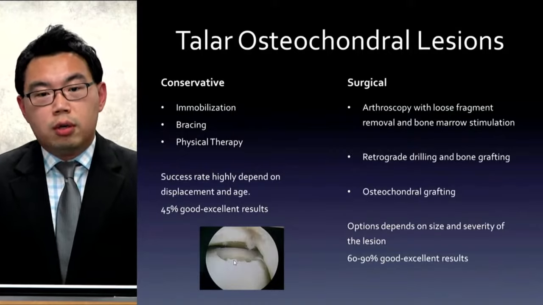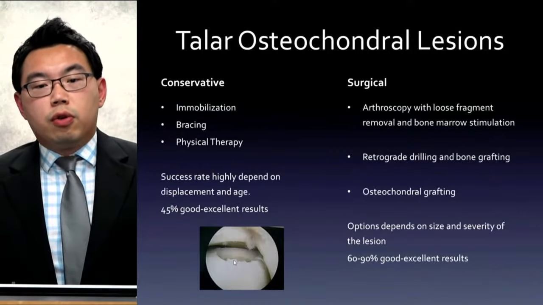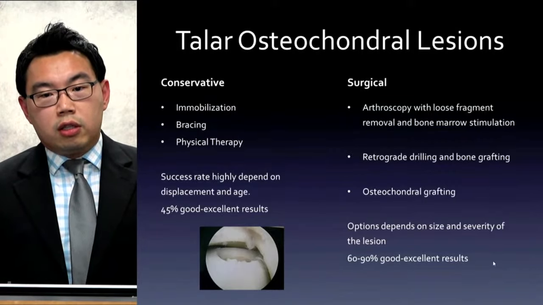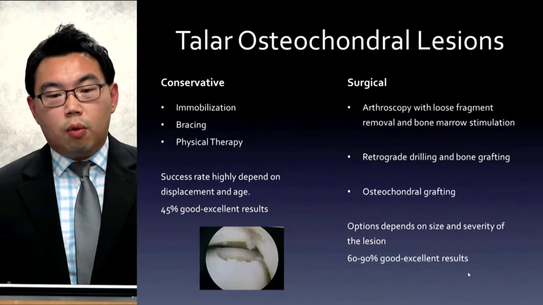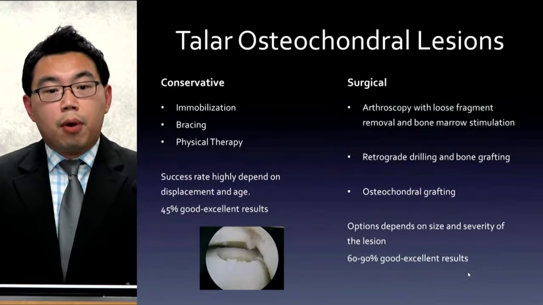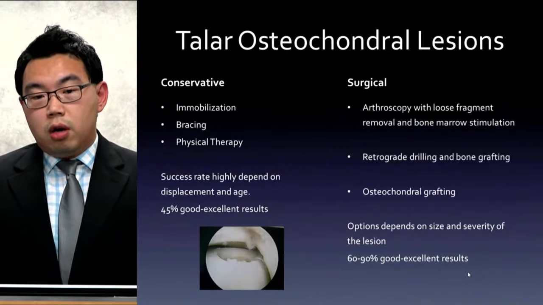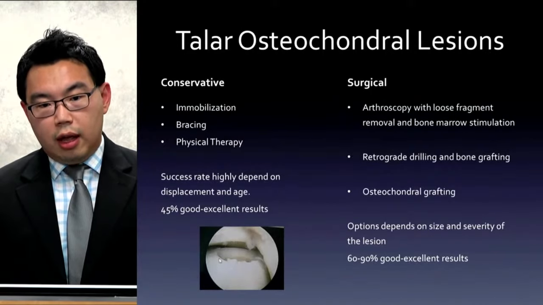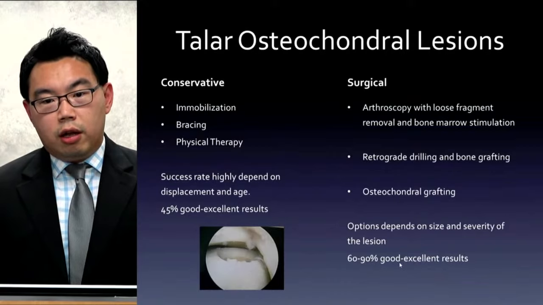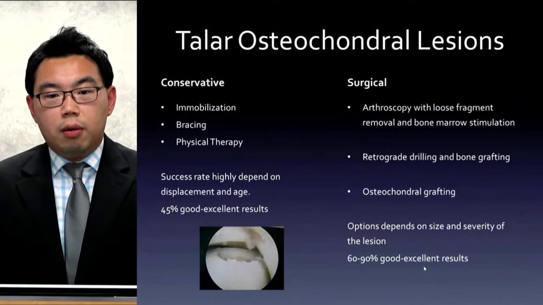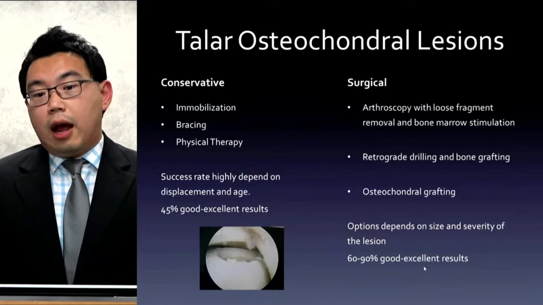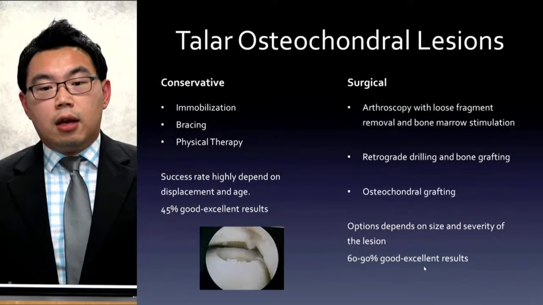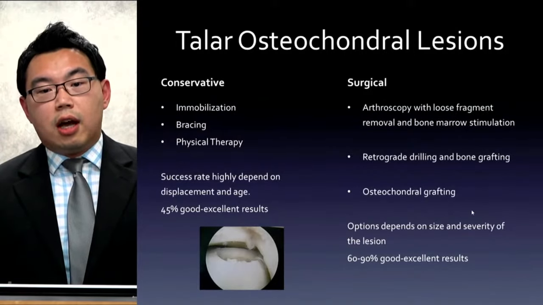Now, if the area is huge, and has demonstrated a poor outcome with the first two options I just mentioned, then we consider bone grafting options, whether it be a bone plug that you harvest from your own body somewhere, or a donated bone that can plug into this area and smooth it out. Historically, this has had a more optimistic outcome, 60 to 90% good to excellent results. And again, it all depends on the location, the size, and severity.